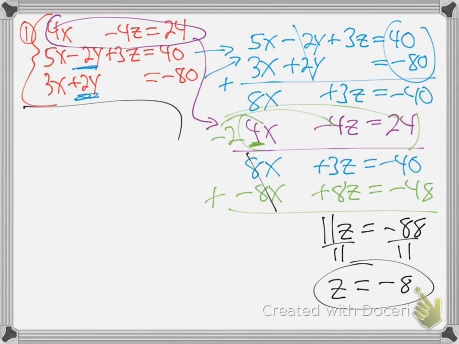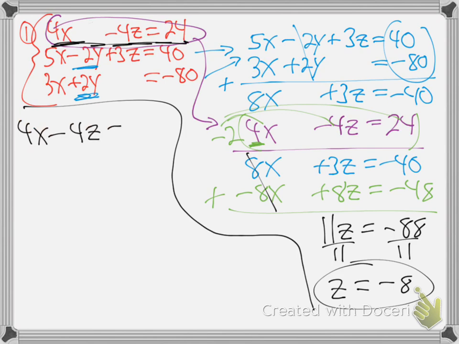Now that we have one letter, how do we go back and get a second letter? You don't go all the way back to the beginning yet. Well, I guess you could. Just go back to this equation right here that only has x and z. 4x minus 4z. Basically, you go somewhere that only has 2 letters. Plug in that z as negative 8.